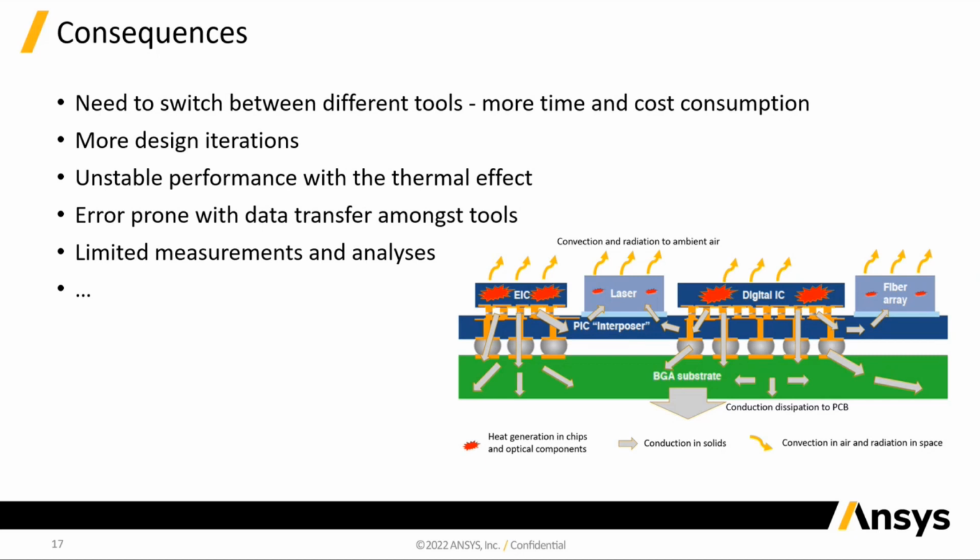And also we might have the unstable performance with the thermal effect, and also it might have errors when we transfer the result between different tools. So the limited measurement and also the analysis between the tools also is a consequence that limits the design and creates a big problem.